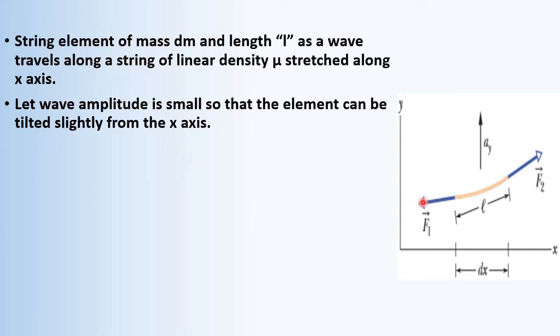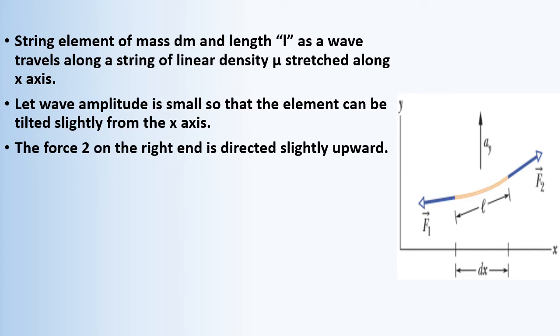Also, we can see here the two forces F1 and F2, acting on the left and right ends, producing an acceleration having a vertical component ay, directed upward. The force F2 on the right end of the element has a magnitude equal to the tension T in the string and is directed slightly upward.